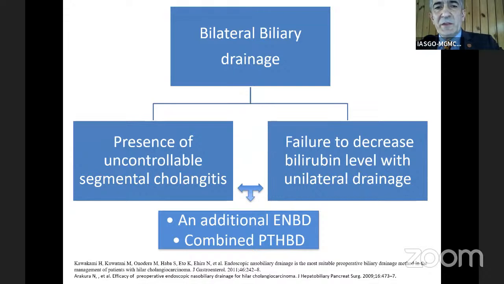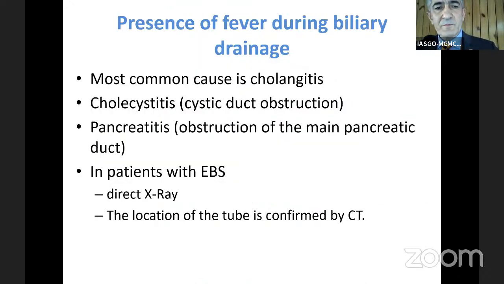But sometimes we need a bilateral biliary drainage, especially in the presence of uncontrollable segmental cholangitis or failure to decrease the bilirubin level with unilateral drainage. And sometimes we can add to this procedure endoscopic nasobiliary drainage or percutaneous transhepatic biliary drainage.